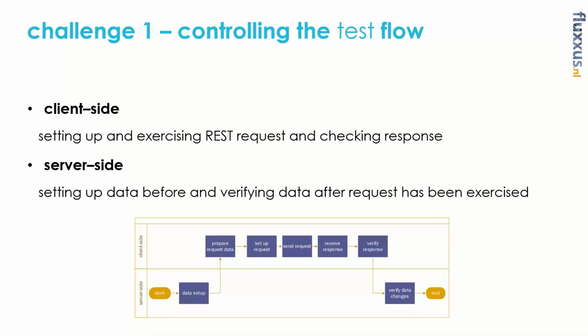Then on client side, I need to prepare my request, send it, receive the response, and verify the response as a part of the test. And if I send, for example, a post call to the server, I need to verify on the server side that something has been updated. So this is the test flow.